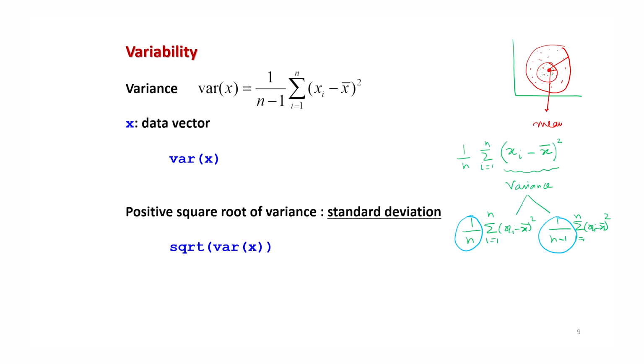The reason for these two forms of variance comes from statistical inference. This form of the variance is an unbiased estimator of population variance, whereas this is a variance form with divisor 1 upon n. This is a biased estimator of population variance.